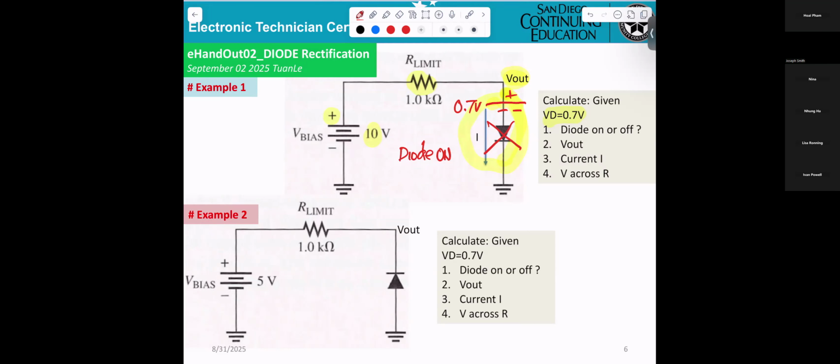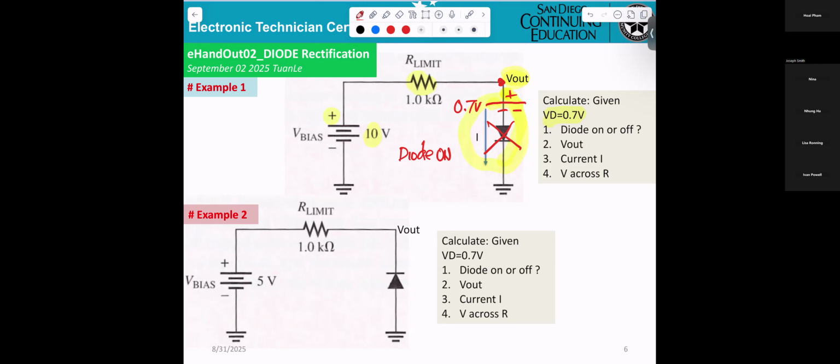So what is V out now? 9.3. No, V out is equal to 0.7. Exactly. Oh, I'm sorry. V out is measured from V out here to the ground, and the battery is 0.7. So that's why you get VD equal to 0.7.